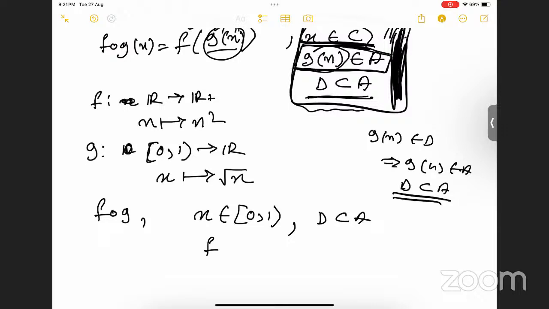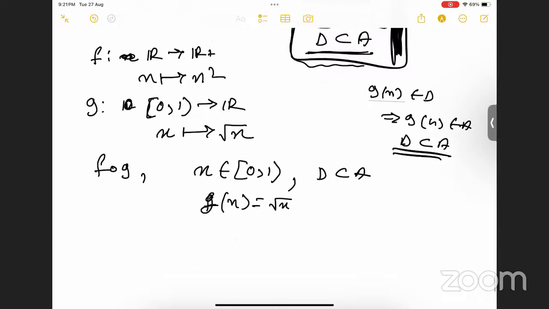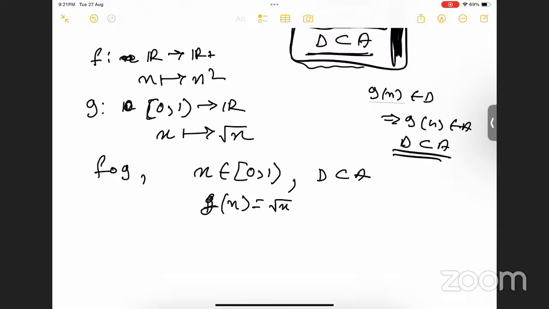So what is G of x? It's root x, right? So what is the range? Ma'am, the range of g of x, x should be greater than or equal to 0. Yes, the range is again 0, 1, right? We can even take this as the closed interval. So this is clearly a subset of the real numbers, right? So we can take this as the domain of this composite function.